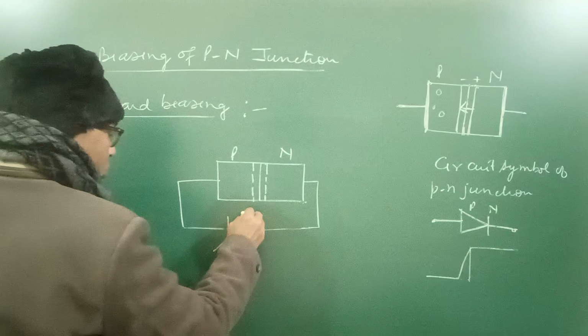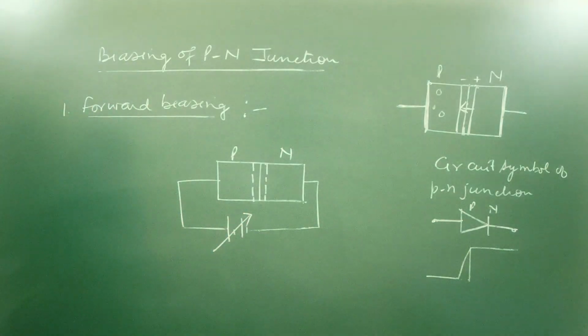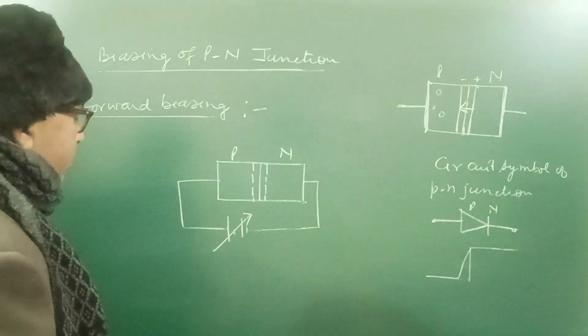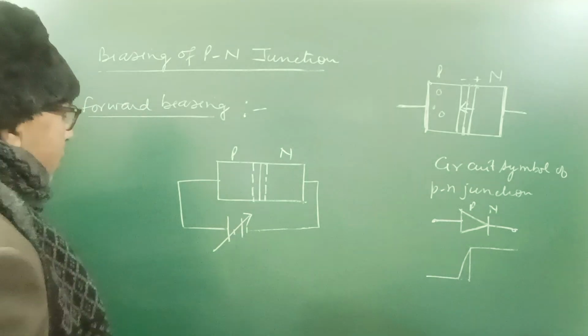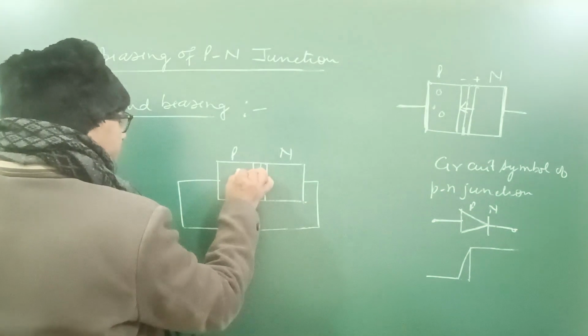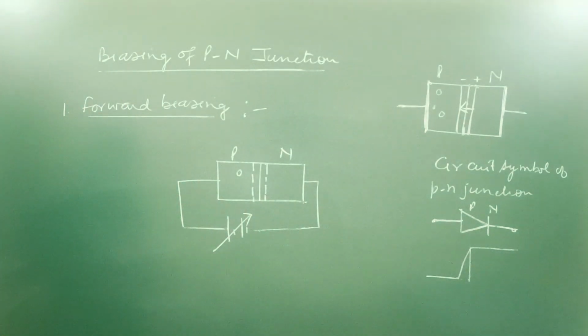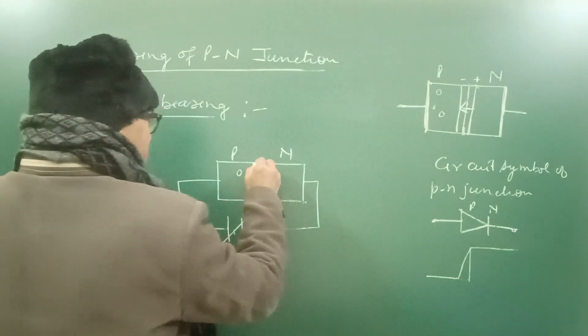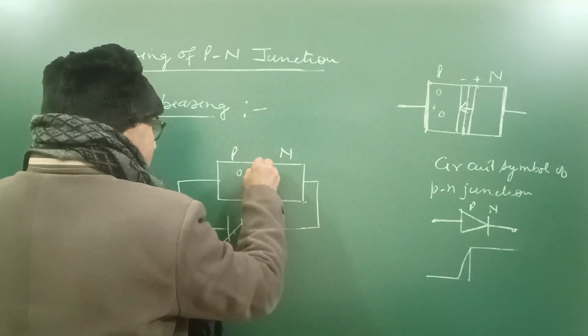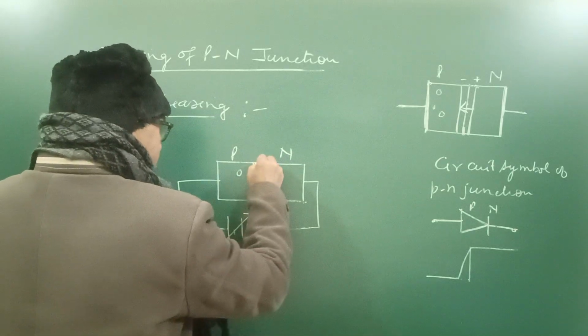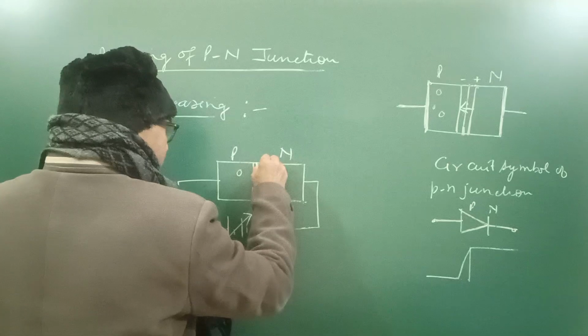We can vary this voltage. This is called forward biasing. During forward biasing, holes are repelled towards the N region, electrons towards the P region, and the width of the depletion layer decreases. Finally, it will become thinner.